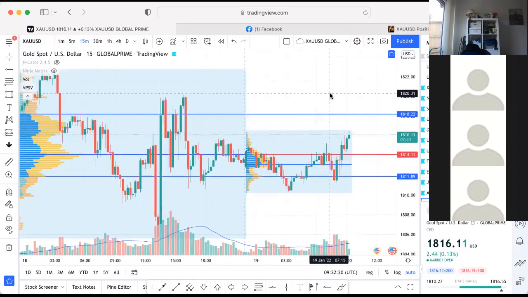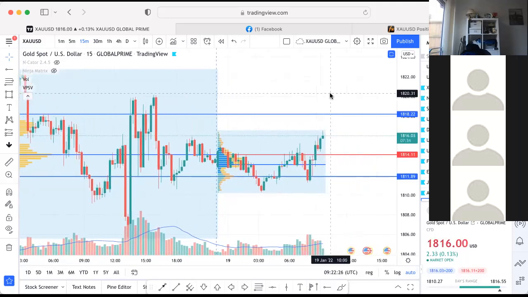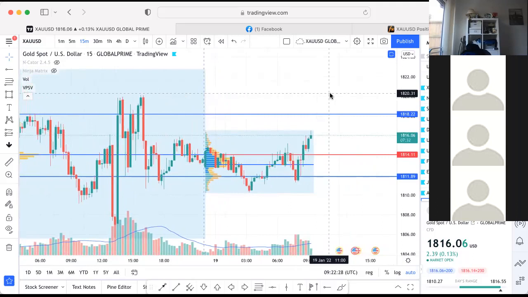So that's the basic setup. I'm using normal candles, and if I'm looking at a trade now, let's look at the current situation. The price is moving slowly away from POC, and I suspect it's going to return to this top line here.